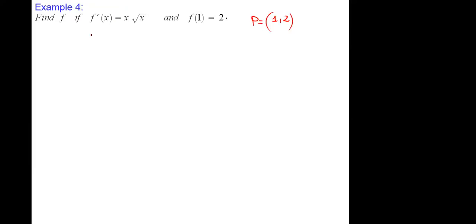Okay, that means let's start. First of all, I will again rewrite this as a 1 because I see a product. I can't really deal with the product separately. This will be the function x to the power of 3/2. Okay, that means this is the derivative. To recover a function, I will anti-differentiate.